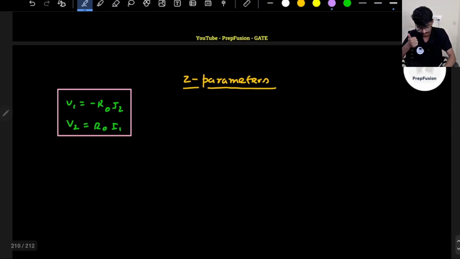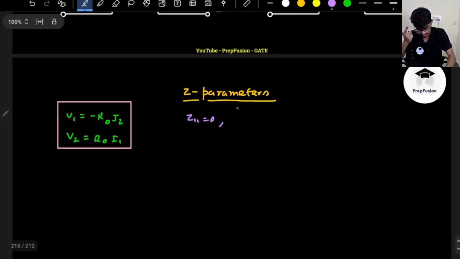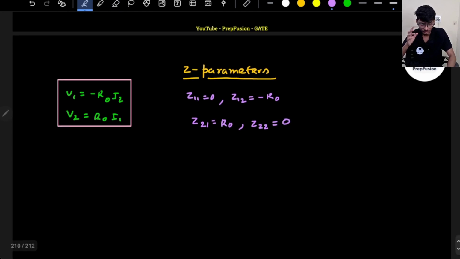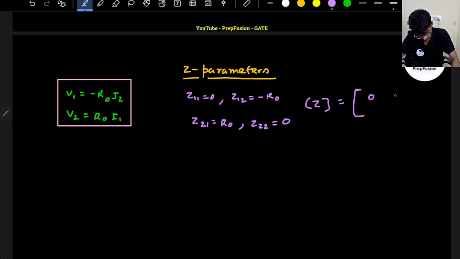Here the Z parameters are in terms of V1 equals Z11 I1. So Z11 here is 0, of course. Z12 is minus RO. Z21 is RO and Z22 is 0. So the Z matrix will be 0, minus RO, RO, 0.